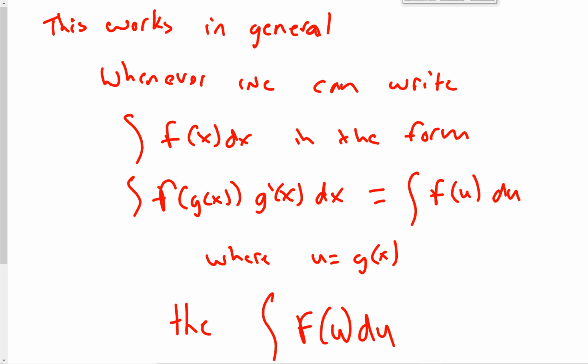So here's some technical language for you. Whenever we want to write the integral of our function, if we can rewrite that in terms of the function evaluated at a function inside a function and the derivative of that inside function, then we can substitute in our u.